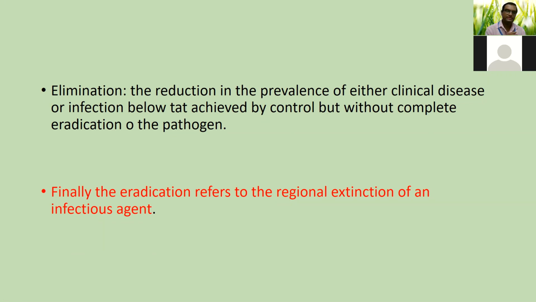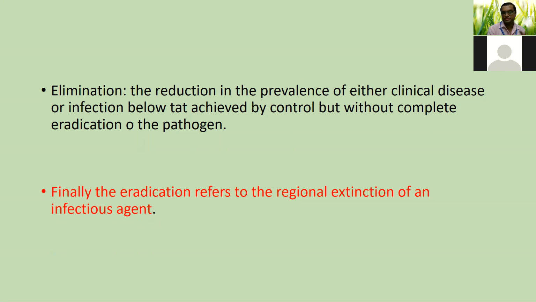If we say that FMD is eradicated in the United Kingdom, it doesn't mean that FMD is absent from the whole earth. It simply means that the infectious agent is not present in the United Kingdom.